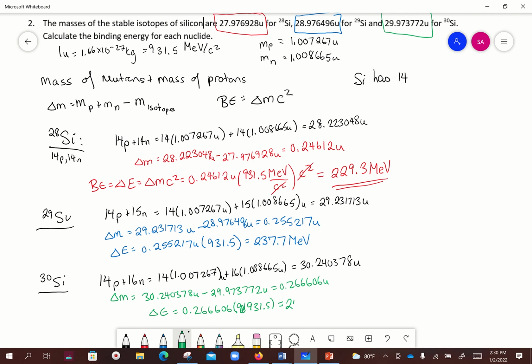So I get 248.3 million electron volts. Okay, so it's a pretty straightforward calculation. Just make sure never round off your numbers until you get to the very end of the problem.